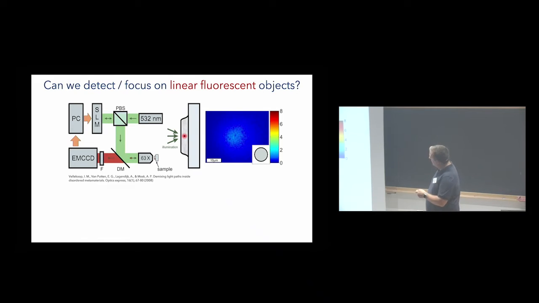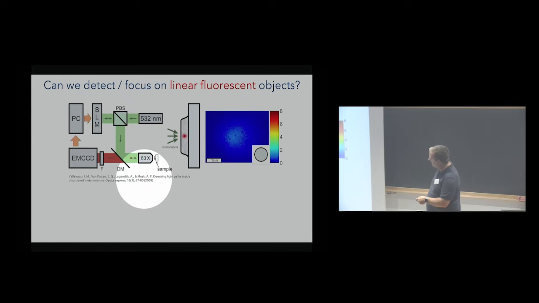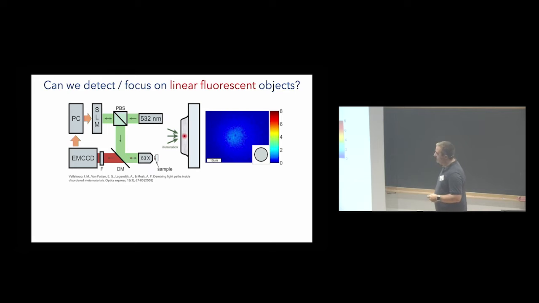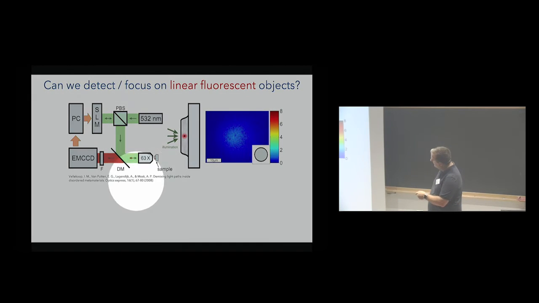If you look at this paper, from 2008 by Allard Mosk and Ivo again, they tried to explore exactly that. They took a laser, shone it on a sample, and collected the fluorescent light emitted by this sample on a very sensitive CCD camera. This sample is scattering, but there is one fluorescent bead in there.